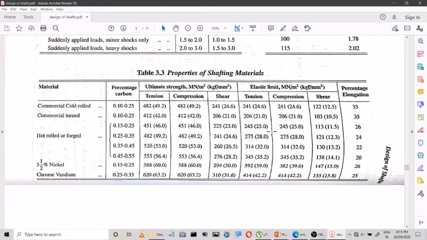You can refer to any one value here. If the type of material is not specified, you assume the material and note its elastic limit, then you consider a suitable factor of safety and use the design stress.